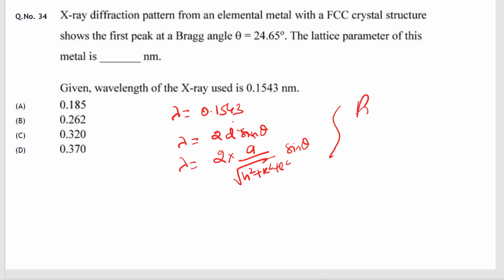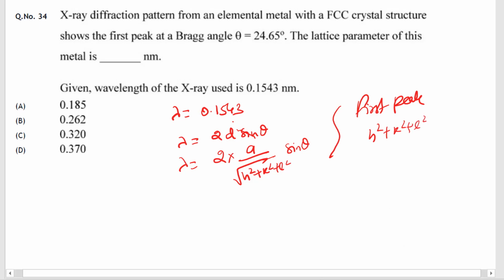So here it is given first peak. So first peak comes when h square plus k square plus l square is equal to what? 3, right? So we'll put these values. So lambda is equal to 0.1543, 2a divided by root of h square plus k square plus l square, which is 3, then sin theta, and theta is what?